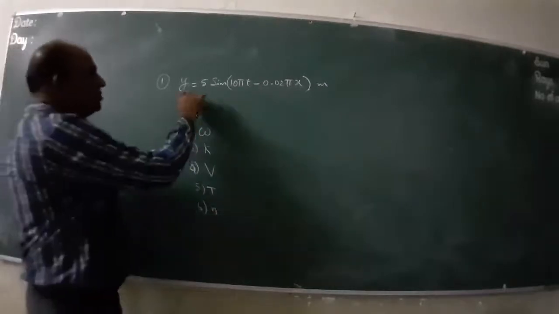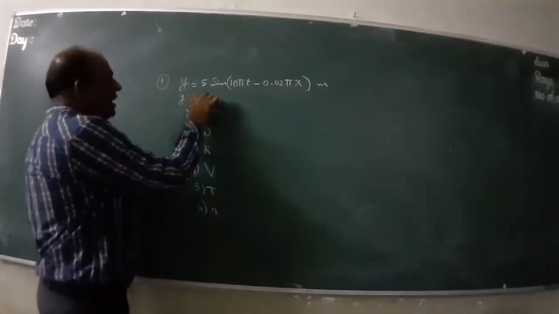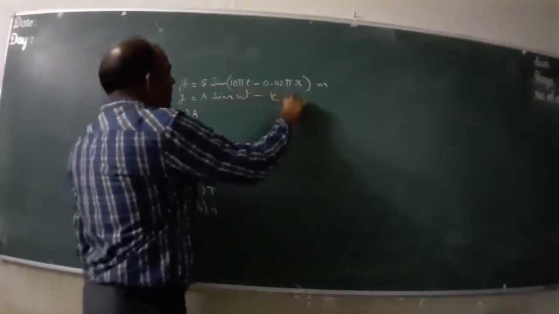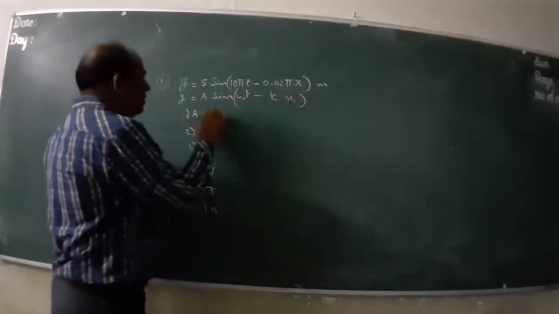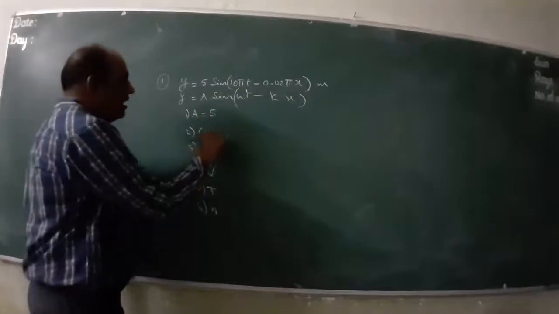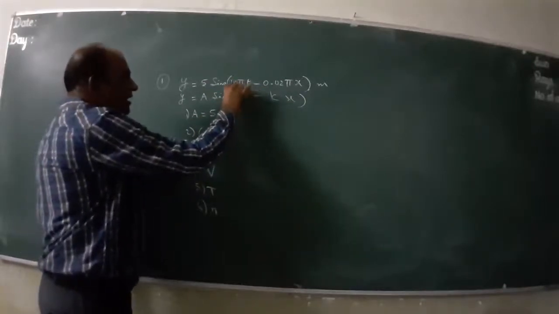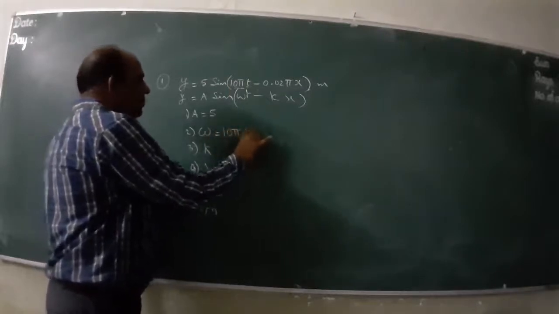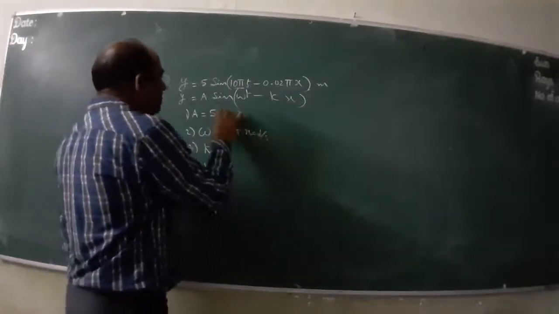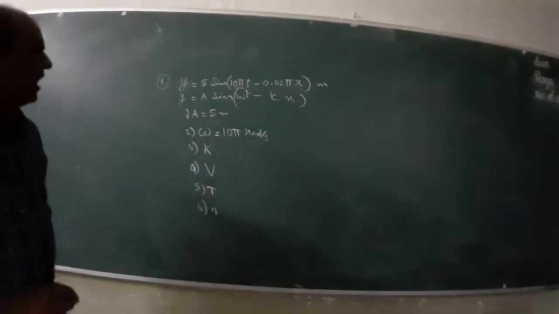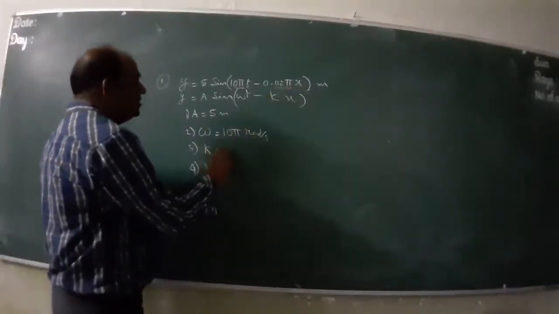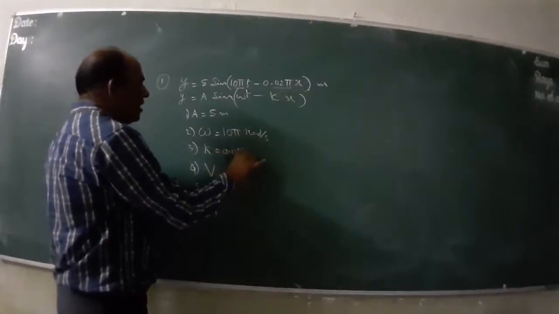So amplitude: comparing with A sin(omega t minus kx), we get A is equal to 5 meters. Omega, the coefficient of t, is 10 pi radian per second. And k, the angular wave number, the coefficient of x, is 0.02 pi.